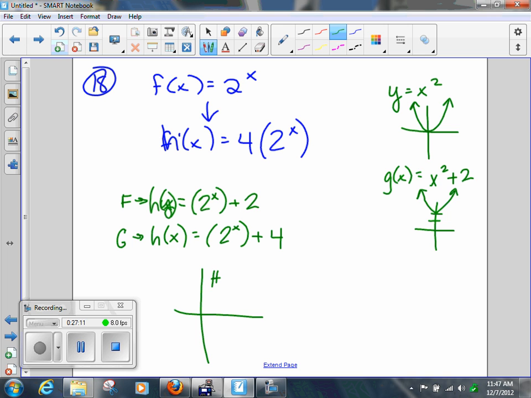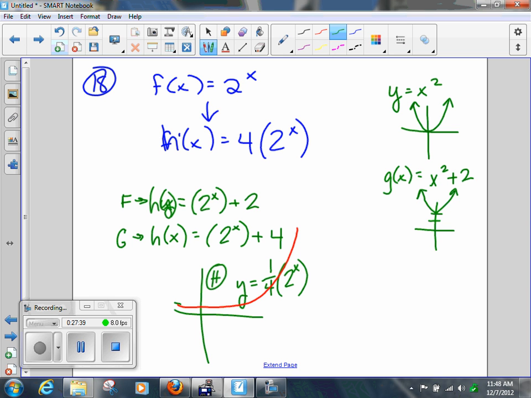Option H said it was a vertical shrink by a factor of 1/4. I did 1/4 times that function. And when I did that, it gave me something that looked like this right here. It was long, and then it swooped up way far out there. Okay? That was really technical.